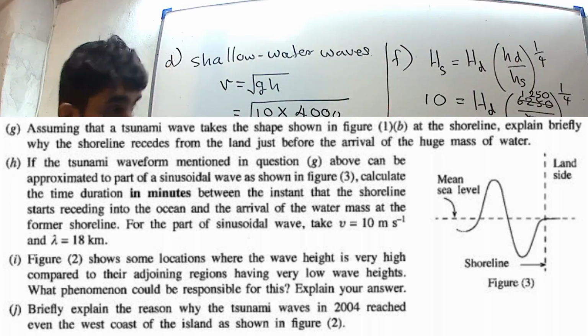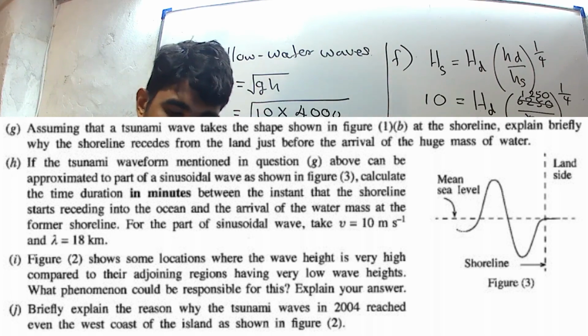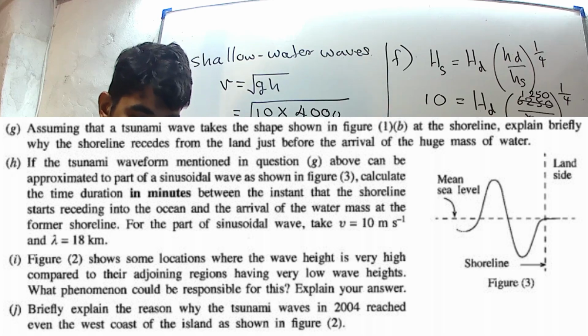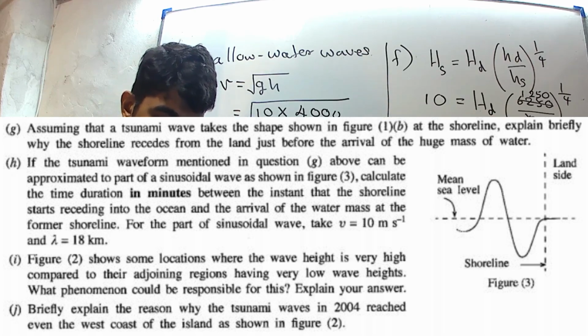In part H, if the tsunami wave mentioned in question G above can be approximated to a part of a sinusoidal wave as in figure 3, calculate the time duration in minutes between the instant that the shoreline starts receding into the ocean and the arrival of the water mass at the former shoreline.